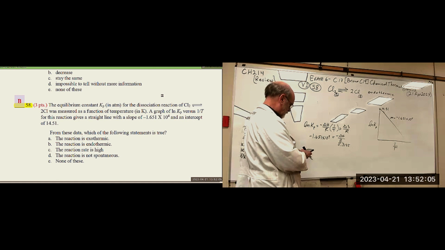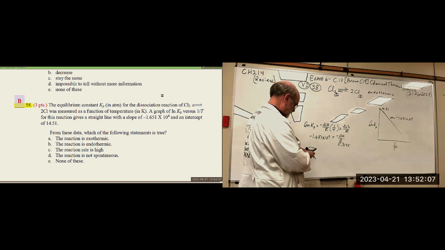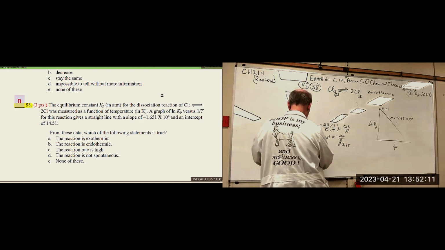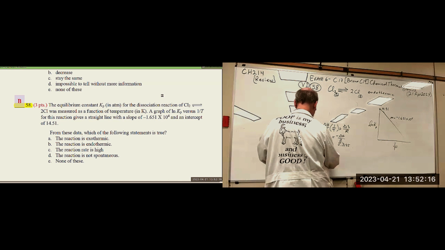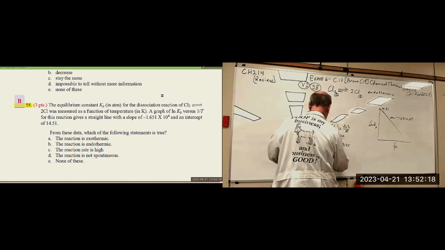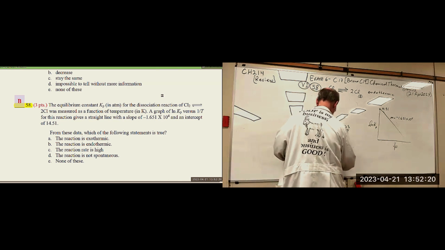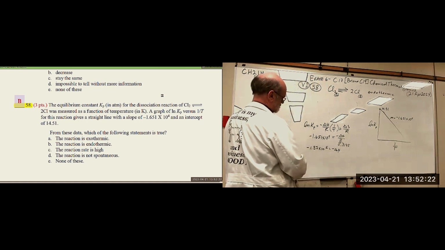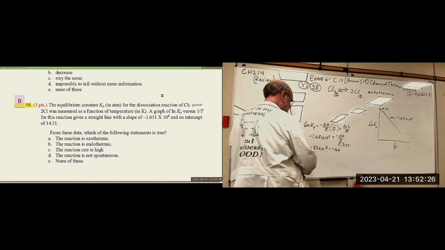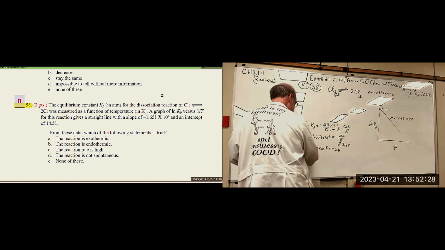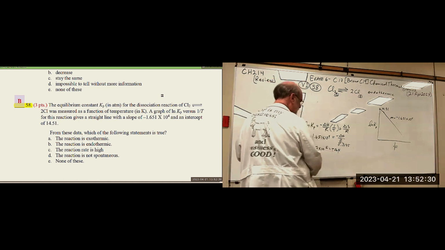1.651 times 10 to the fourth times 8.3145. That's a negative 1.37 times 10 to the fifth equals a negative delta H. So delta H, since this is negative, we just change both signs.